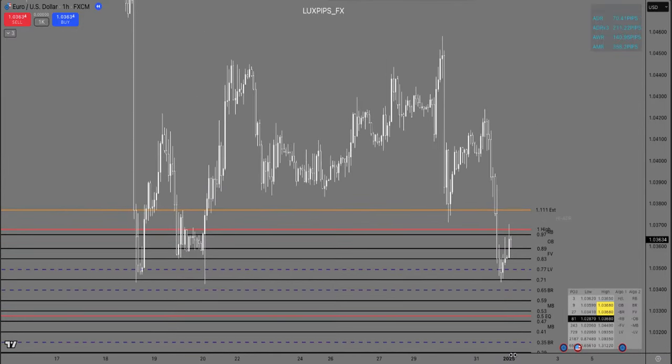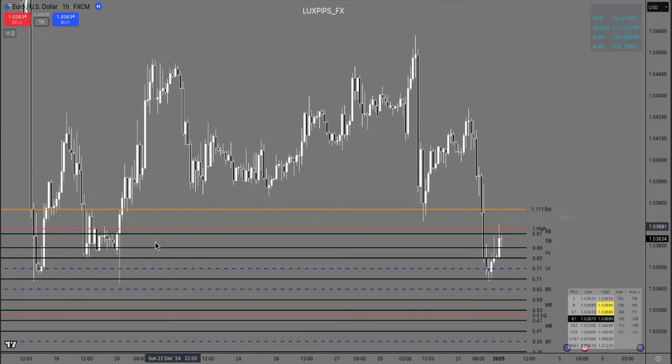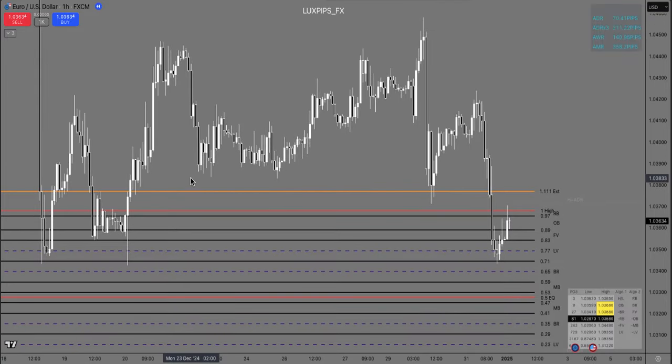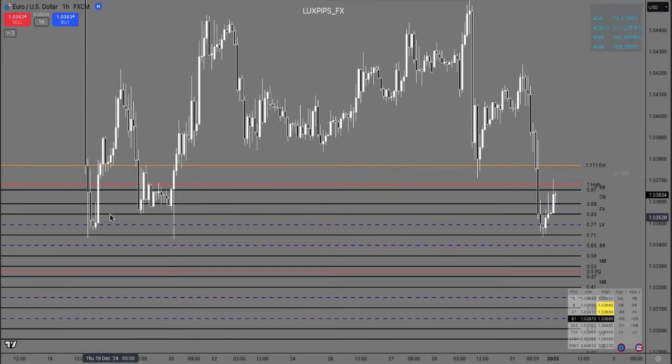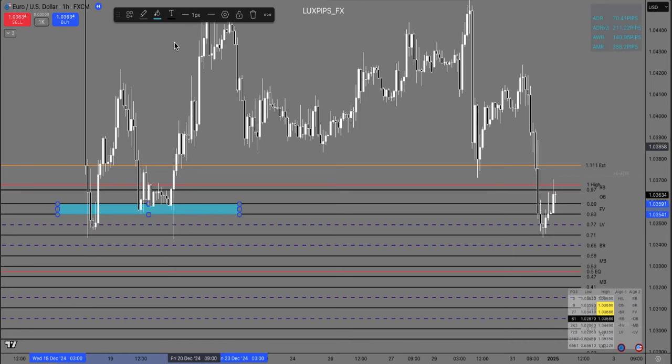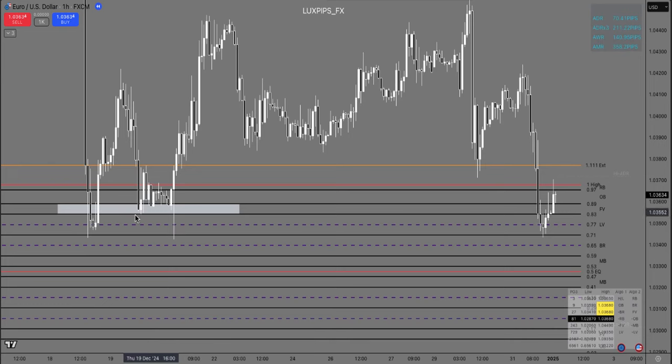So right off the bat, this is a very nice example of bias change. Because for a valid bias change, we would like to see the FV level, which is here, be expanded through, and then create an FEG, or an OB and an OB.